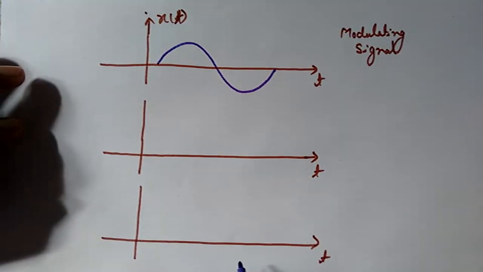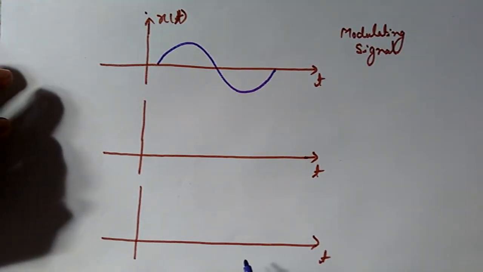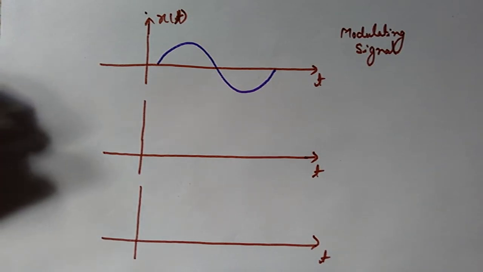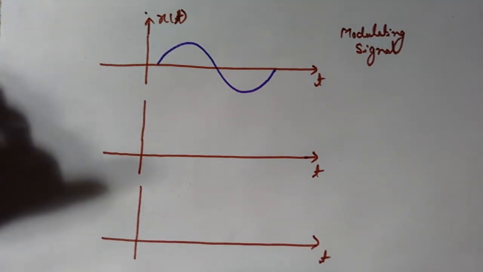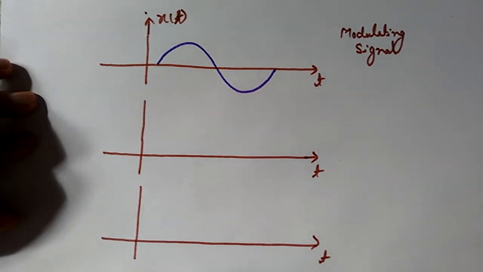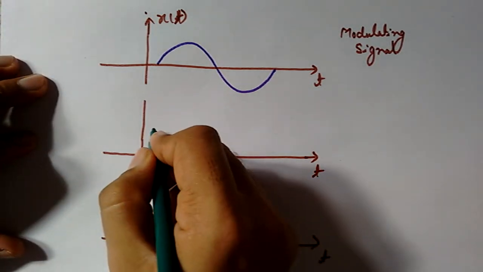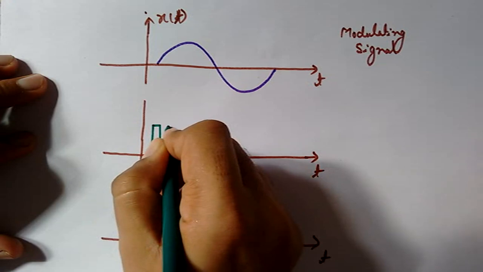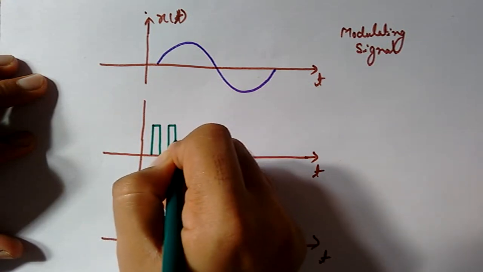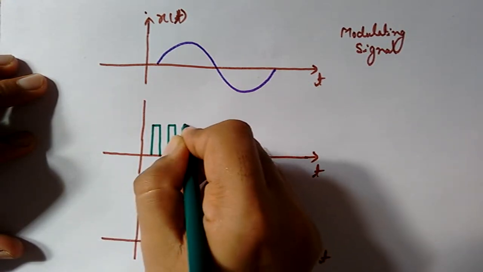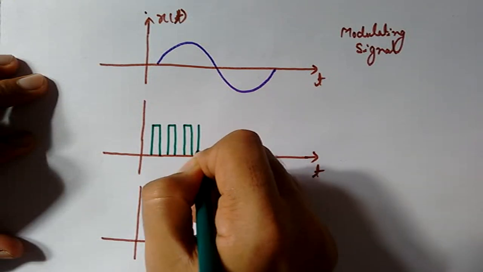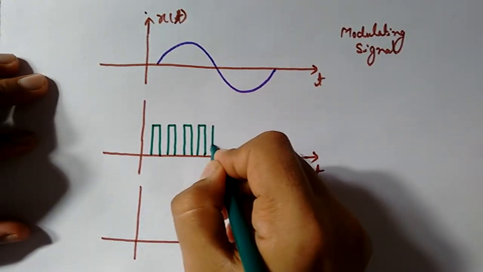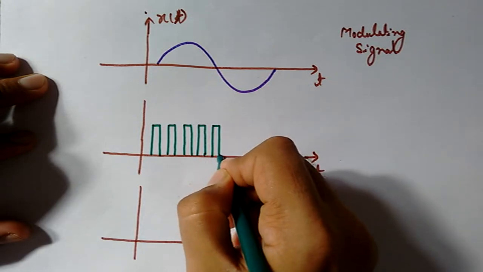So let's start. This is a sinusoidal modulating signal. Now it's time to see the carrier wave. This carrier wave has equal amplitude of each pulse.